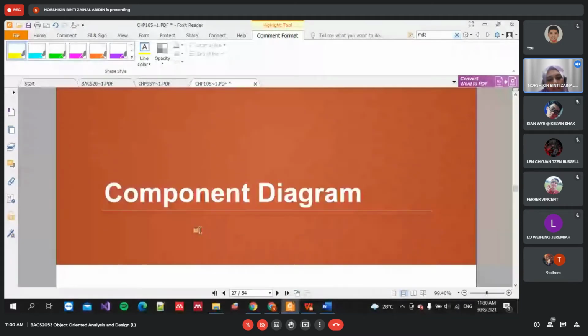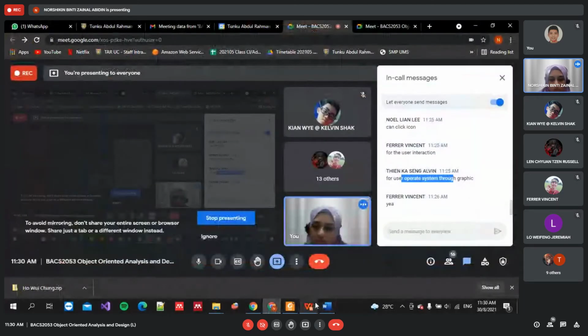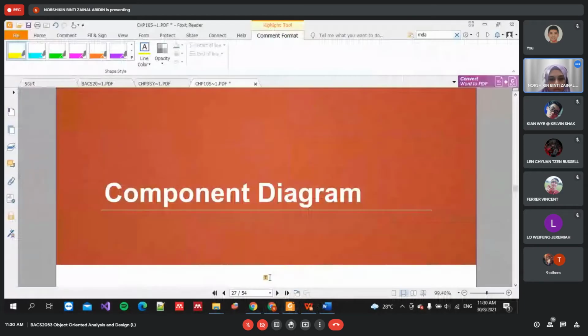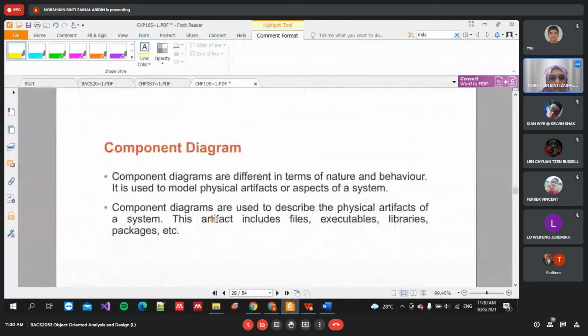Next, we have the component diagram. So what is a component diagram? A component diagram describes the organization of the physical components of a system. Component diagrams differ in terms of nature and behavior.